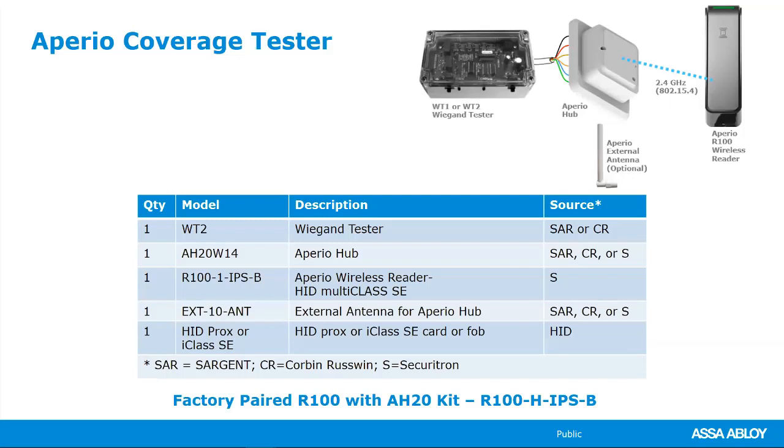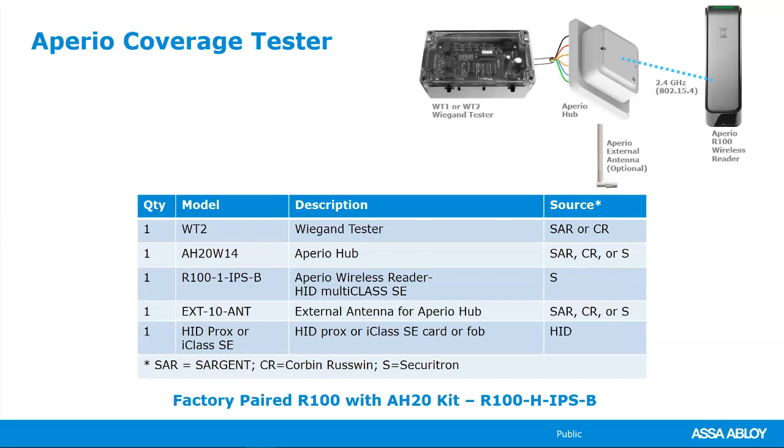So I'll leave this slide up for a second if you want to take a picture, but there's 2 options you can do. So I mentioned before that we make factory prepared kits. You can get the Imperial Hub and R100 Reader prepared. So all you have to do is power it and you can go through and test your facility.